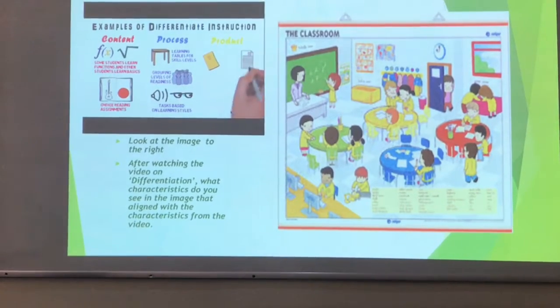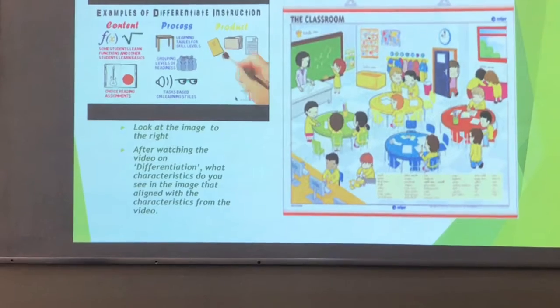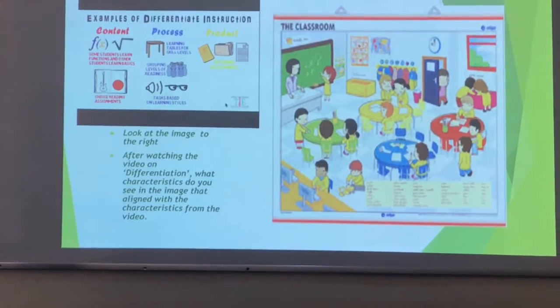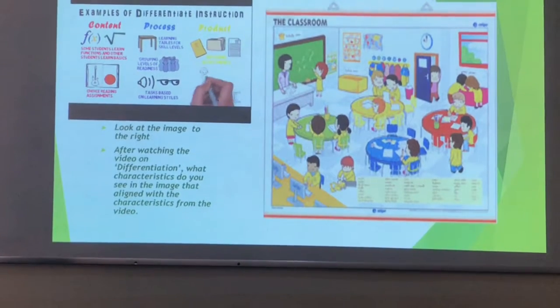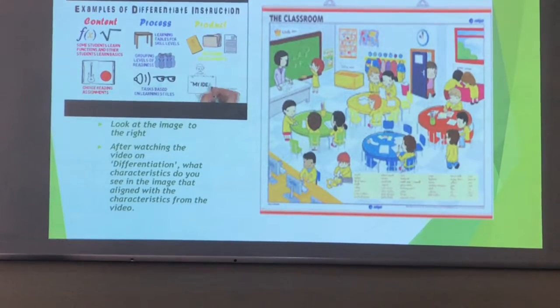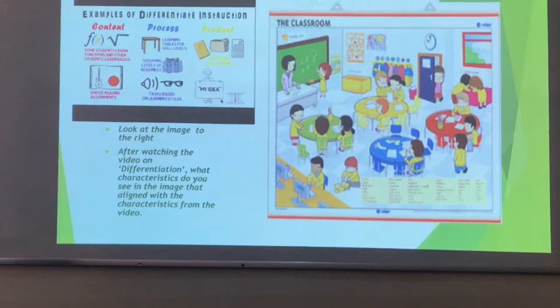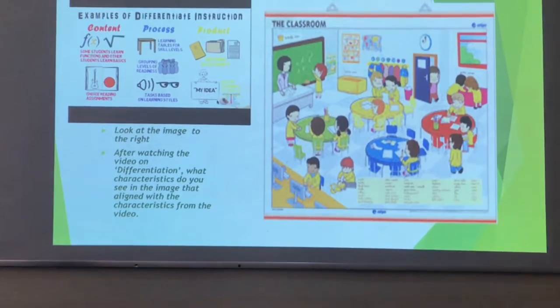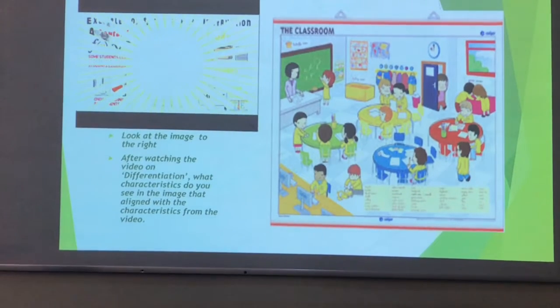Lastly, you can differentiate the instruction as a product. Some assessment types might be in the best interest of one group of students, but not in the best interest of another group. Offer different types of assessments. Also try to incorporate projects and product assessments to allow for class creativity. Students can come up with their own ideas.